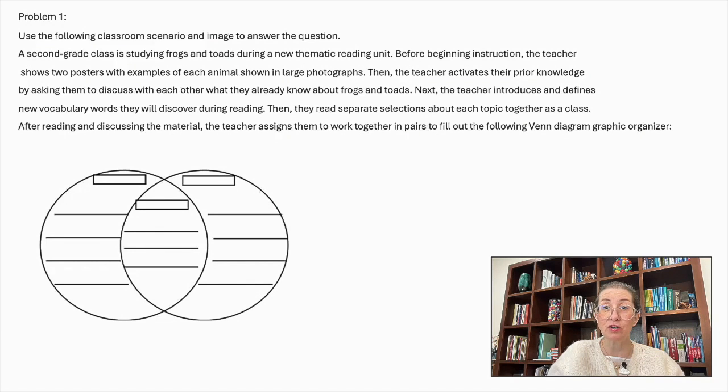Next, the teacher introduces and defines new vocabulary words they will discover during reading. Then, they read separate selections about each topic together as a class. After reading and discussing the material, the teacher assigns them to work together in pairs to fill out the following Venn diagram graphic organizer.